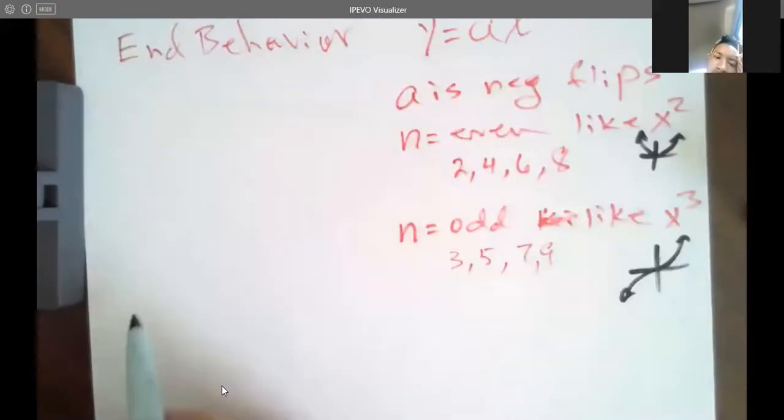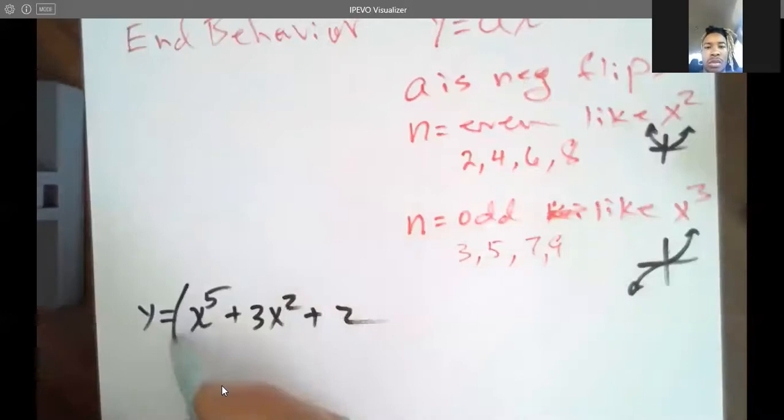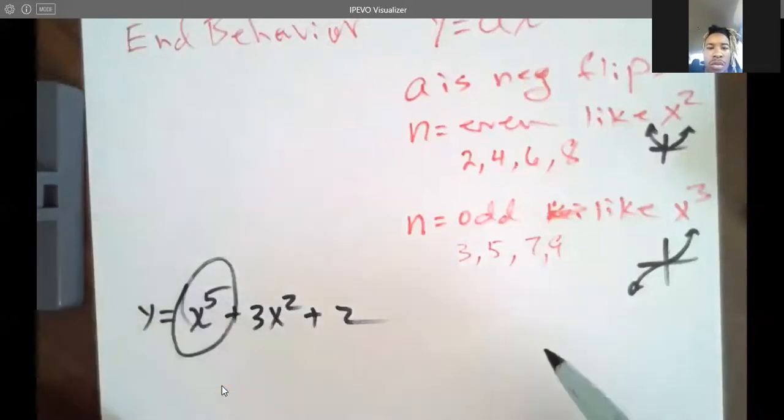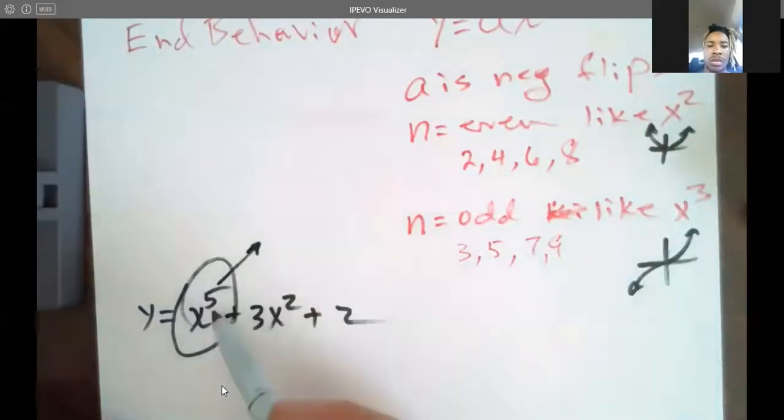So if you had something like y equals x to the fifth plus 3x squared plus 2, you look at the leading term, and in this leading term, you look to see what that exponent is.